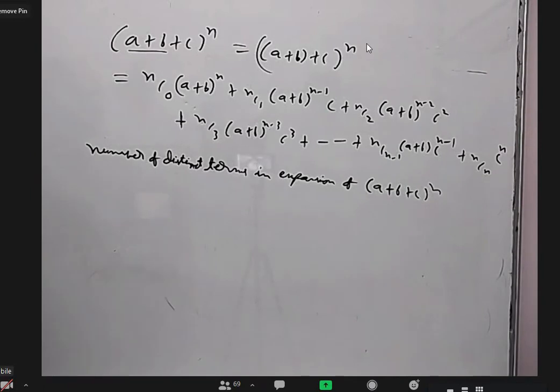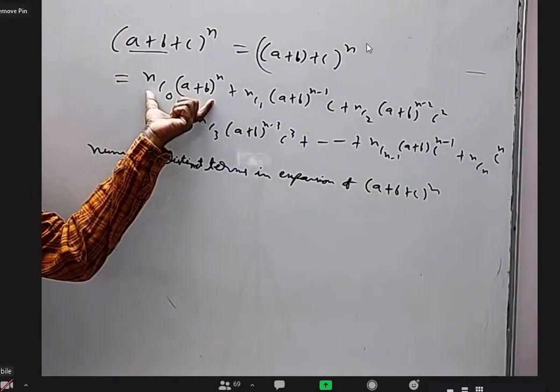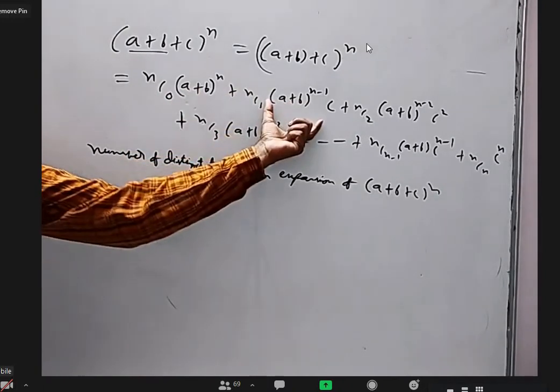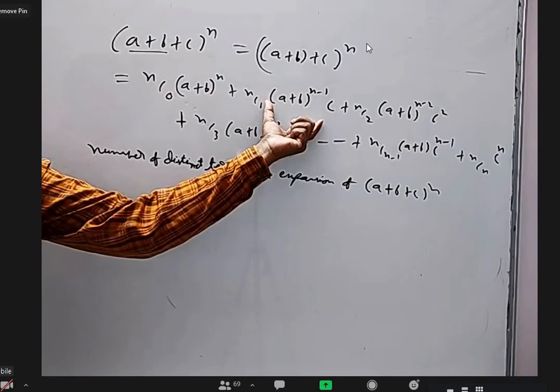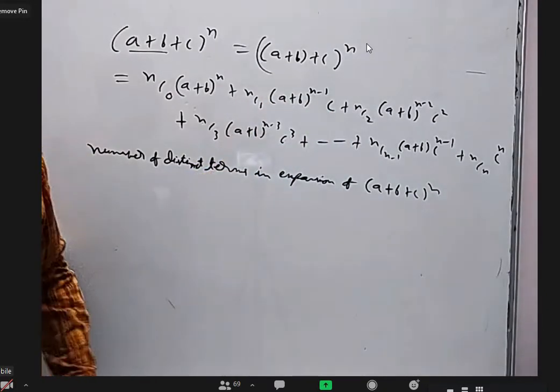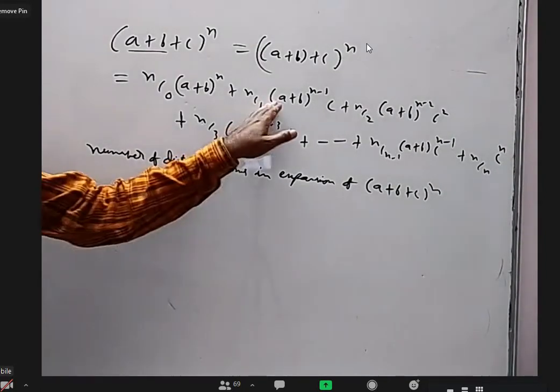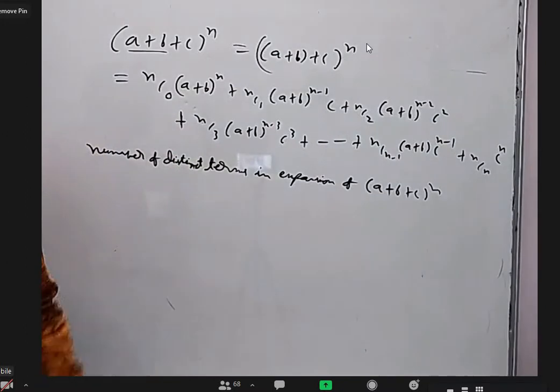In this alone, when you expand, how many terms will come? The very first one, n plus 1. And in this, n. This will give you n terms. If I multiply c also, there will be n terms or there will be more? N only, sir. You take some 10 terms and multiply c, there will be the same 10 terms.